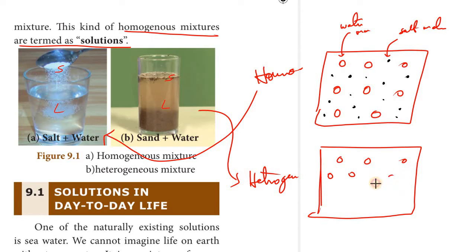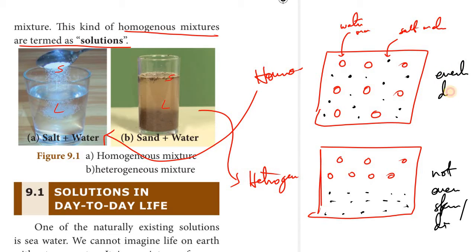So in the case of a heterogeneous mixture, something like this happens: the water molecules are at the top, whereas the sand particles are at the bottom. So you see they are not evenly spaced or evenly distributed, right? Whereas here they are both evenly distributed. So this is why we call this a heterogeneous solution and this one a homogeneous solution. Okay, students? So basic idea, you must keep this in mind.